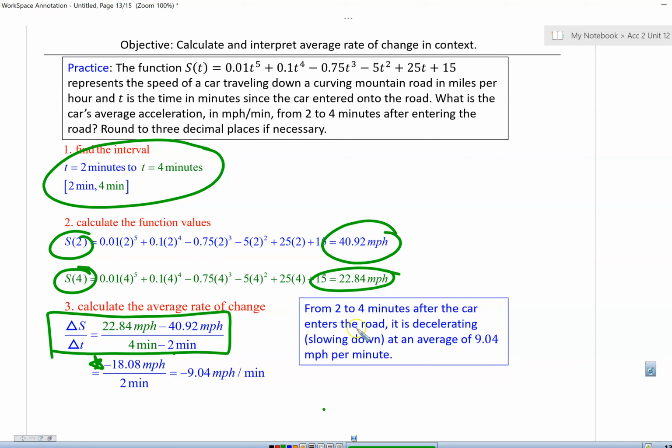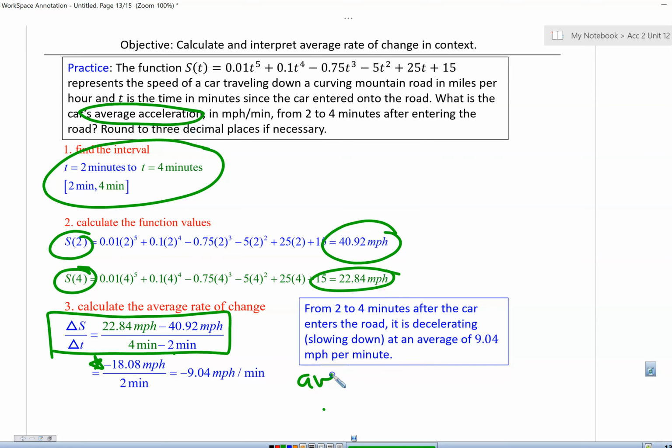So from 2 to 4 minutes after the car enters the road, it is actually decelerating. It's slowing down at an average of 9.04 miles per hour per minute. Or what you could have said, I would be fine if you could just say that this is what we're looking at here, the car's average acceleration.